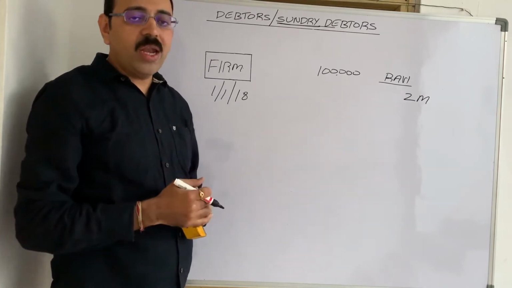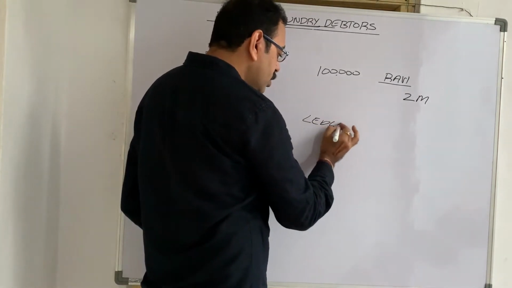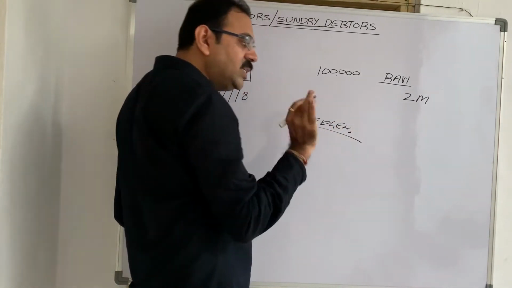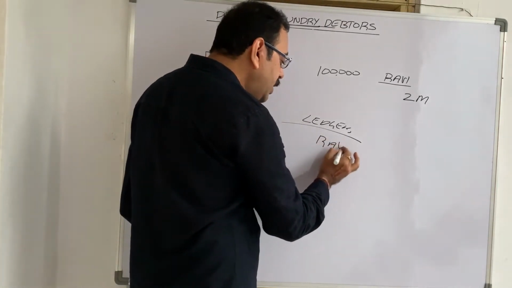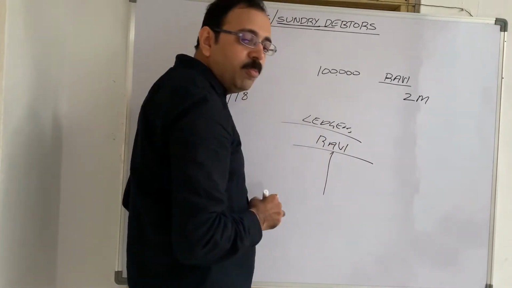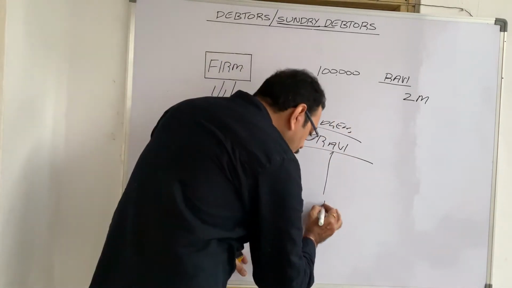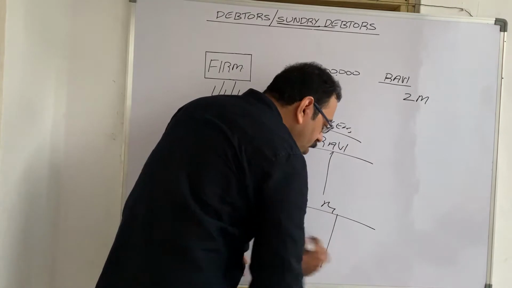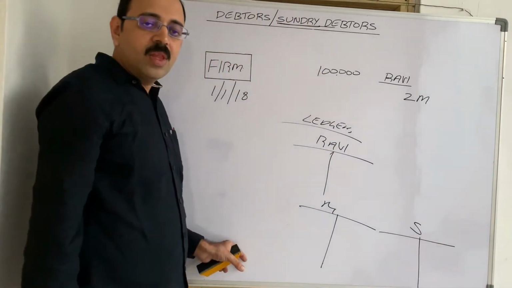So generally what happens is, in the ledger book, for each debtor name, we open a separate account. For example, Ravi is a debtor, so we open Ravi account. Murali is a debtor, Murali account. Sonu is a debtor, Sonu account.